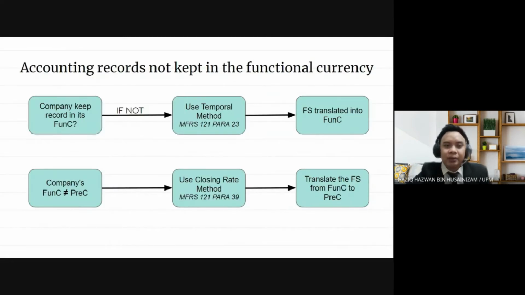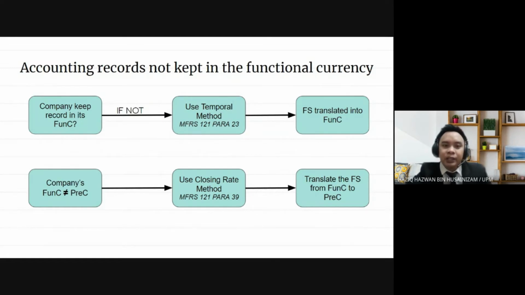Next, I will describe accounting records not kept in the functional currency. Firstly, if the company keeps records in its functional currency, for example, Ringgit Malaysia, and Ringgit Malaysia is its functional currency, then no translation needs to be done. However, if the company does not keep records in its functional currency, such as records in Ringgit Malaysia but their functional currency is the US dollar, they need to use the temporal method stated in para 23 of MFRS 121 by translating the financial statement to its functional currency, which is the US dollar.